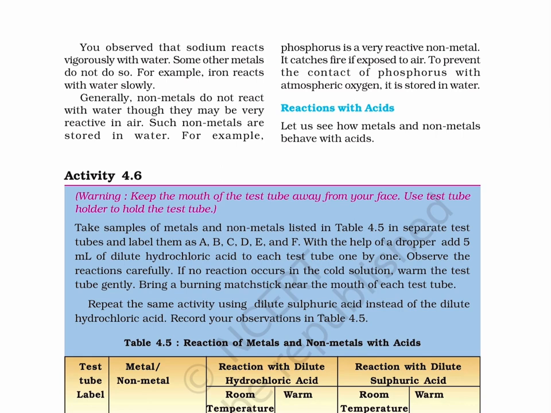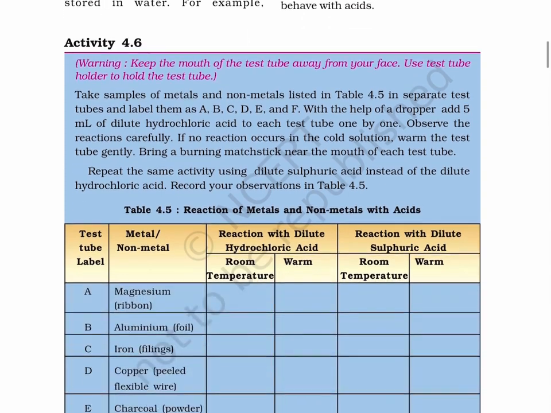Activity 4.6. Warning. Keep the mouth of the test tube away from your face. Use test tube holder to hold the test tube. Take samples of metals and non-metals listed in table 4.5 in separate test tubes and label them as A, B, C, D, E and F. With the help of a dropper, add 5 ml of dilute hydrochloric acid to each test tube one by one.